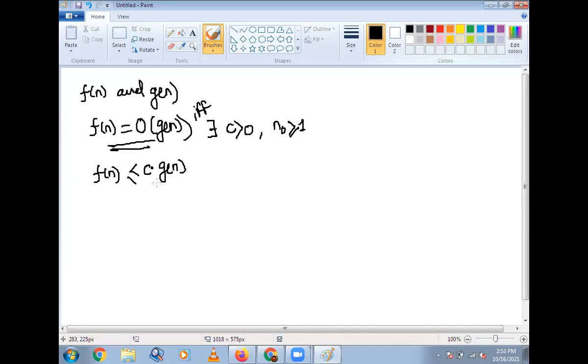This is in case of big OH notation. This is also known as upper bound notation.